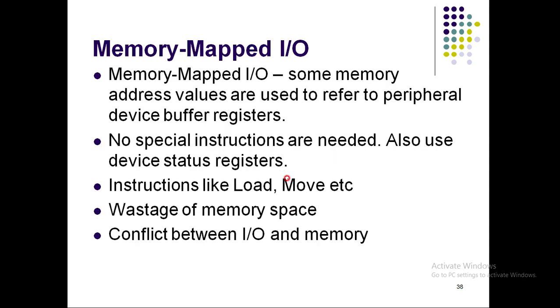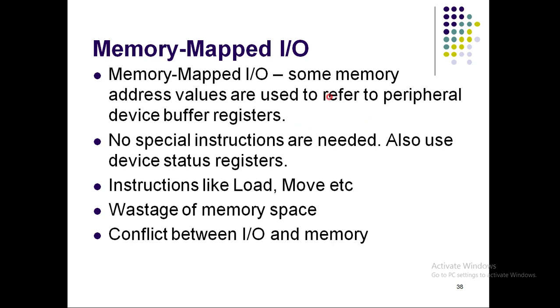Finally, the last one you have is memory mapped IO. Memory mapped IO is slightly different, wherein your IO device is also considered as memory. That is, both your IO device as well as your memory are considered as one. Therefore, we require some buffers and registers for the IO device.